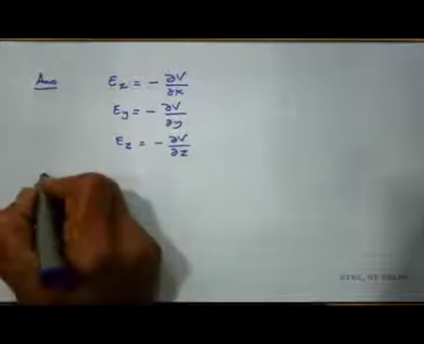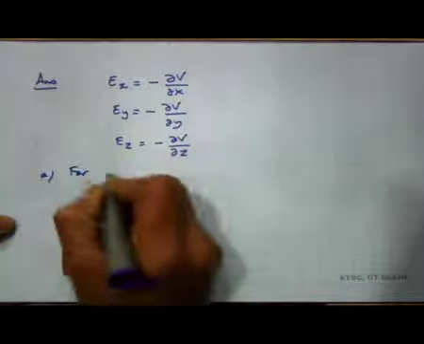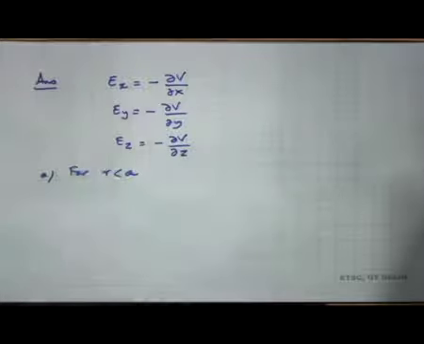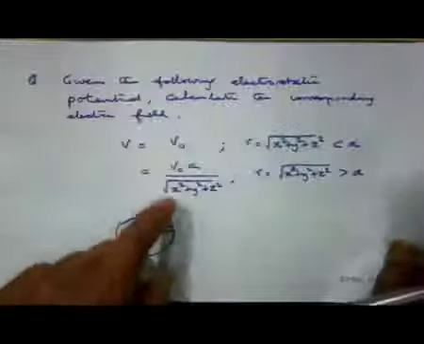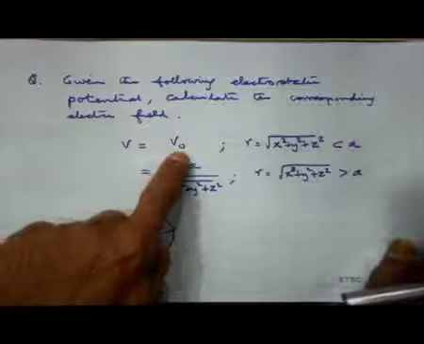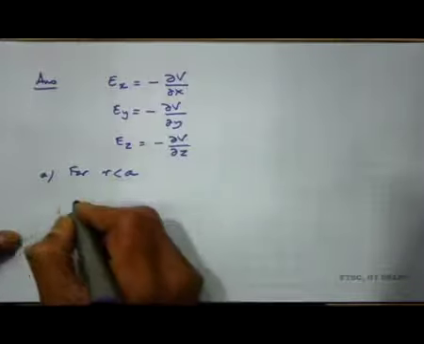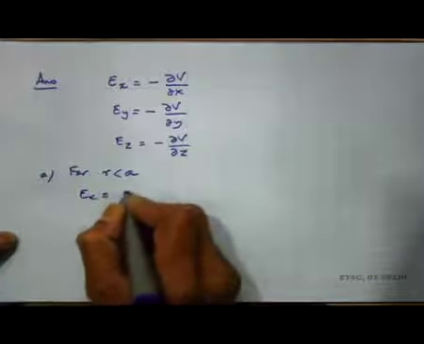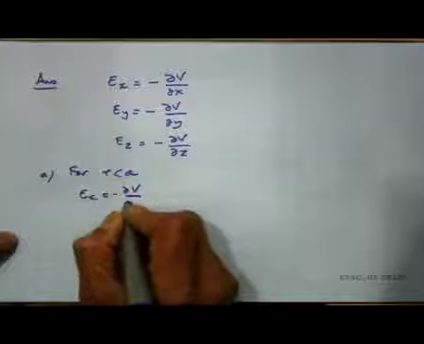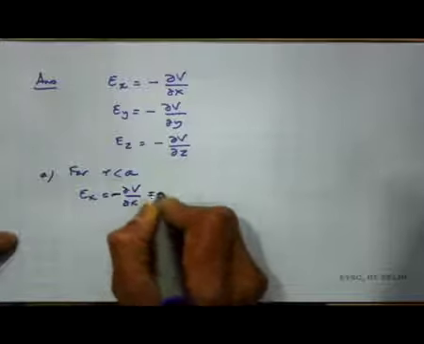So, first for r less than a, the potential is constant. So, we will have E x equal to minus del V by del x equal to 0.